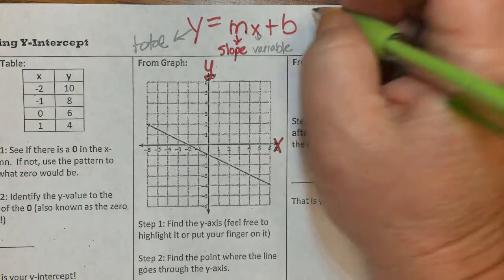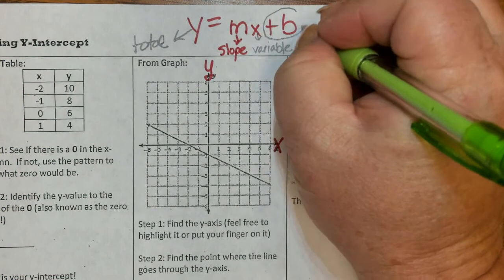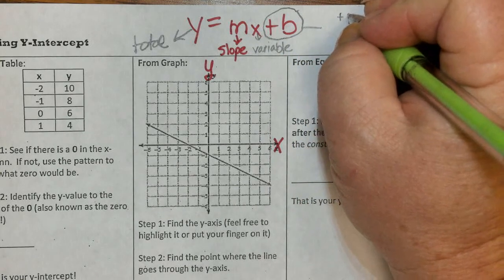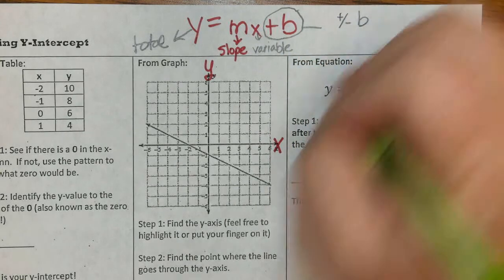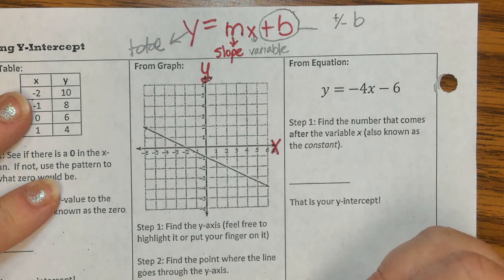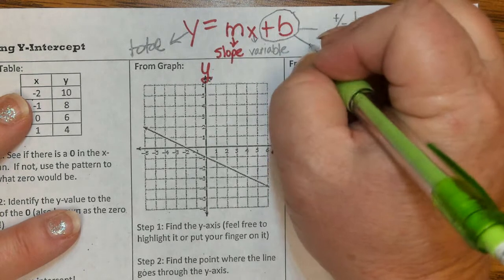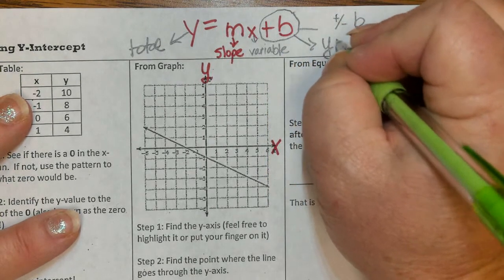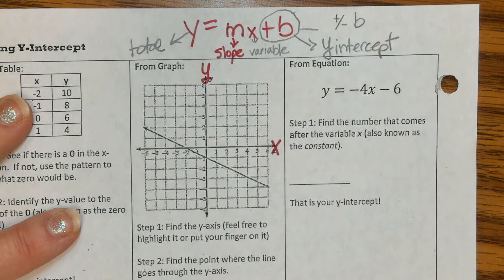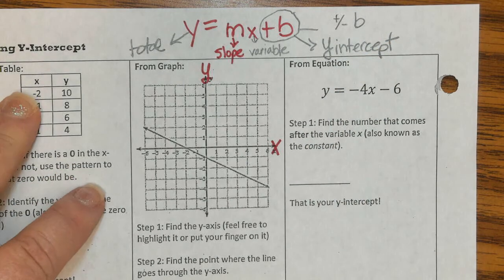And then this plus b part can actually be plus or minus b, because you might have a negative number as your y-intercept, but that represents your y-intercept. And what is the y-intercept? It is where the line crosses the y-axis.